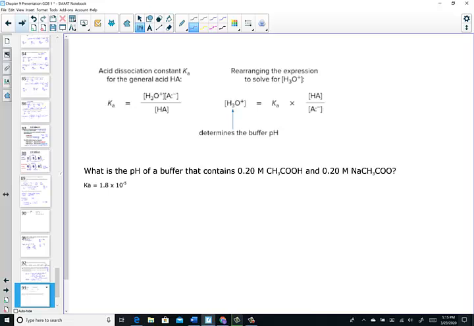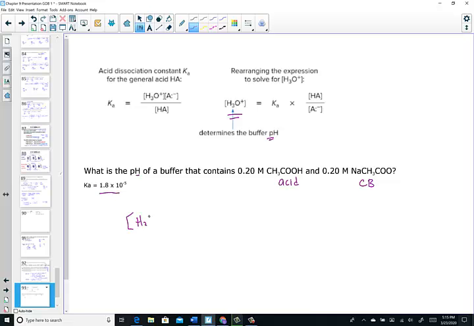The acid dissociation constant, Ka, we rearranged that, remember, a moment ago, to solve for the pH. Let's rearrange this and solve for the determination of a pH of a buffered solution, right? What is the pH of a buffer that contains 0.2 molar acid and 0.2 molar conjugate base? The Ka is given to us as 1.8 times 10 to the negative fifth.